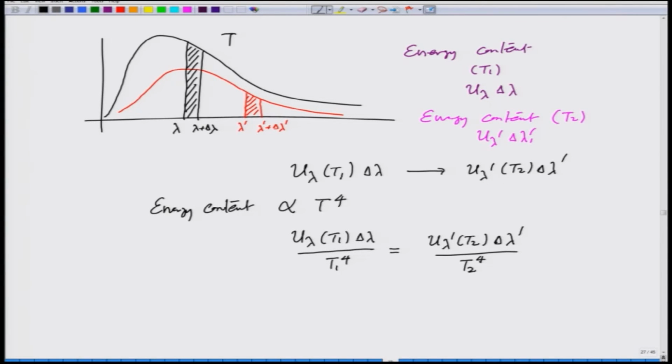Now, notice that lambda times T1 is equal to lambda prime times T2.